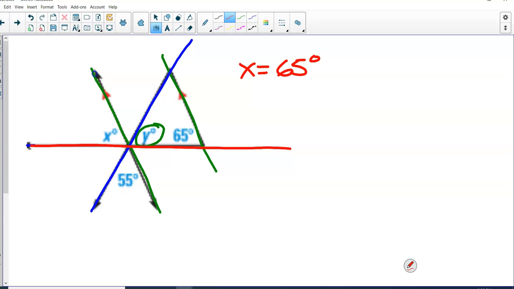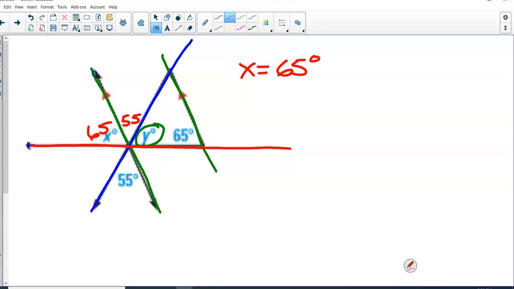But what we can determine is, if we notice, well, we already know x is 65. Down here is 55. So this, with vertical angles, this one would have to be 55 degrees.